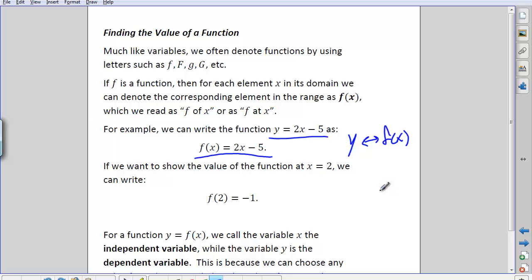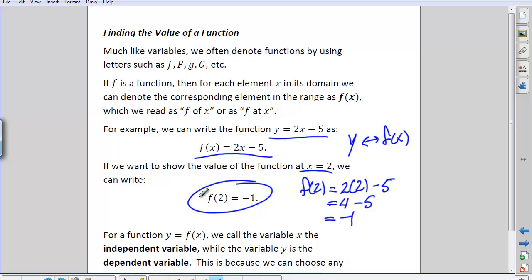And this is called function notation, f of x. We can use that to show the value of a function at some x value, say x equals 2. Instead of f of x, we could say f of 2. What happens is, we had f of x equals 2x minus 5, so f of 2 becomes 2 times 2 minus 5, and if you work that out, we get negative 1.